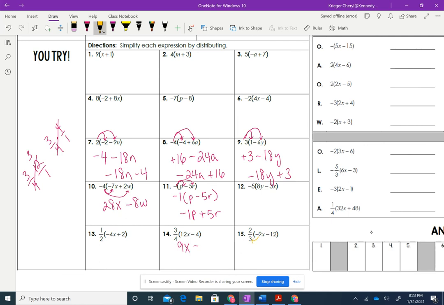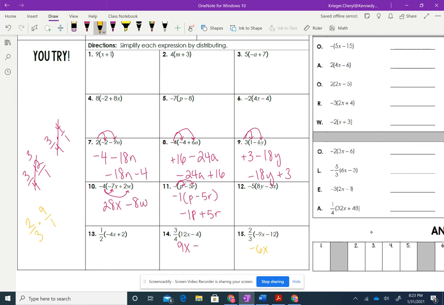3 is 3 times 2. So 3 times 2 is 6, and that's negative 6x, right? We don't lose that negative sign. It's still there, okay? And just to prove it to you, I'll come over to the side and do 2/3 times 9 over 1, right? It's the same thing.